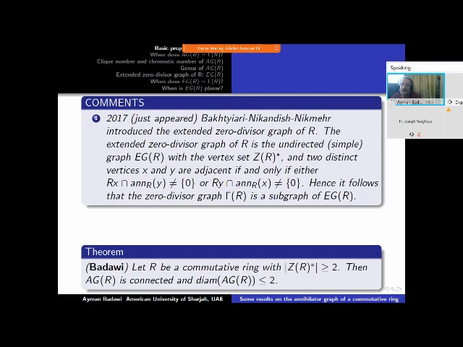The vertices are the non-zero zero divisors, and two vertices are connected if and only if the annihilator of xy is not equal to the annihilator of x union the annihilator of y. Okay?